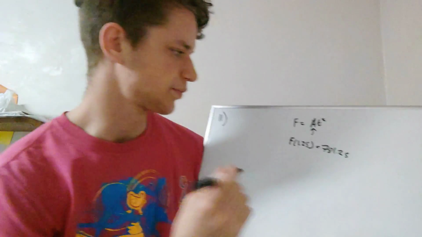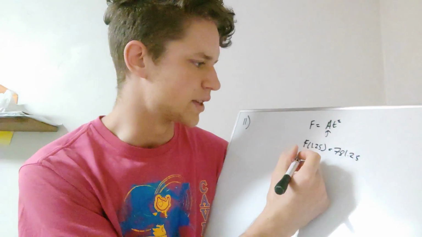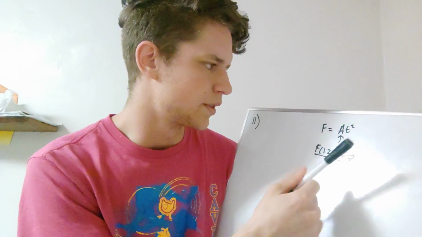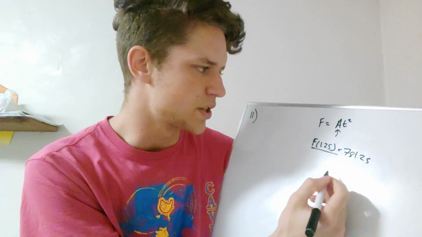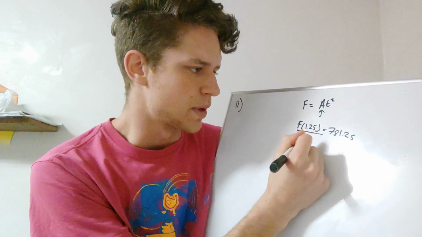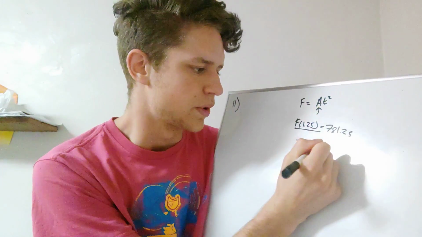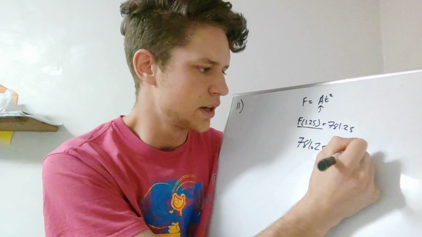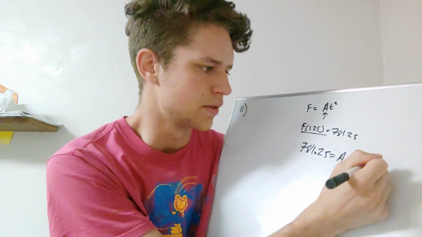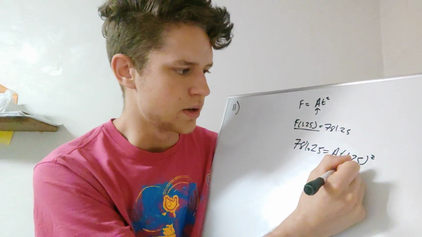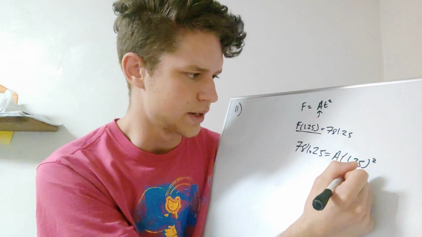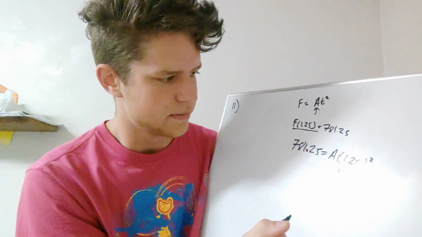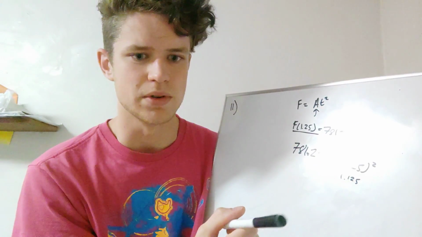Right, okay. So to solve for this, you take your time value and square it because you put that into the equation. So you end up getting 781.25 equals A times 1.25 squared. 1.25 squared comes out to be 1.5625, it's a fourth times a fourth, which is an eighth.